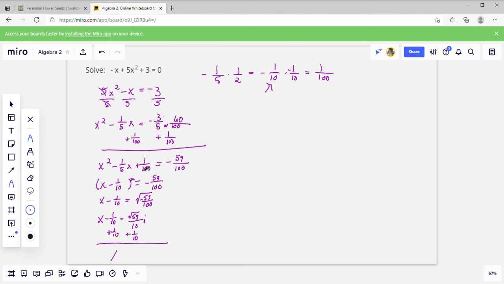And our answer is x equals 1/10 plus or minus the square root of 59 over 10 i. So that's pretty simple. It's just like we've been doing, except we're incorporating Euler's notation into there. All right, that's it for lesson 62.